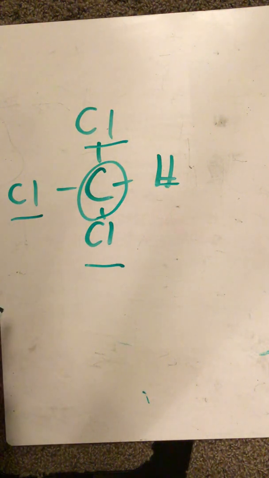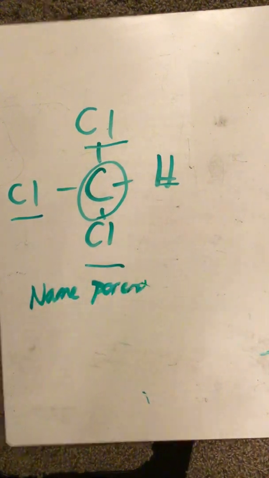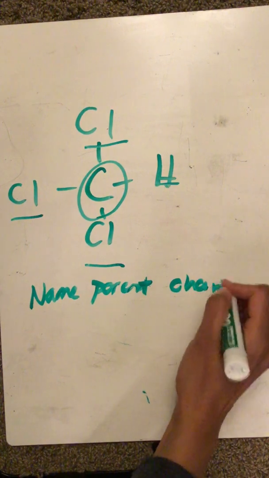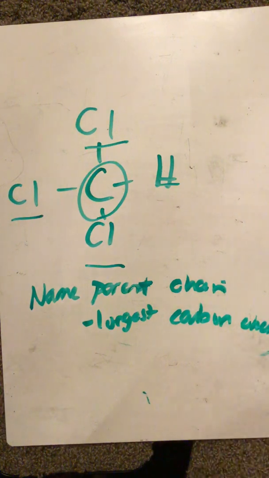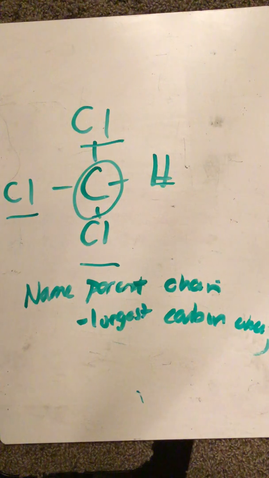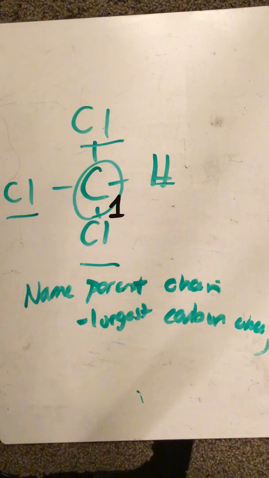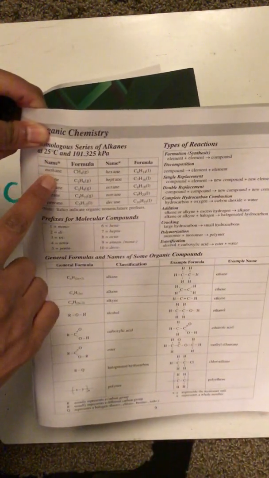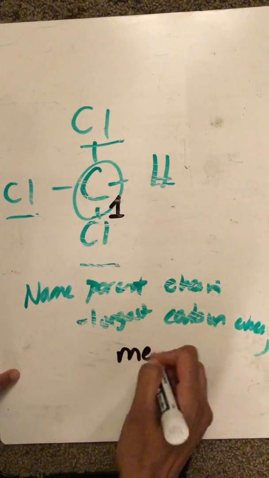Now if I was to name this, remember you got to name your parent chain first, which is always your longest carbon chain, like I said before. If I take a look at this, there's only 1 carbon in the chain. So I take a look at my table and ask what's the name for my one carbon parent group? Oh, it's methane. So the name of the parent chain is methane.